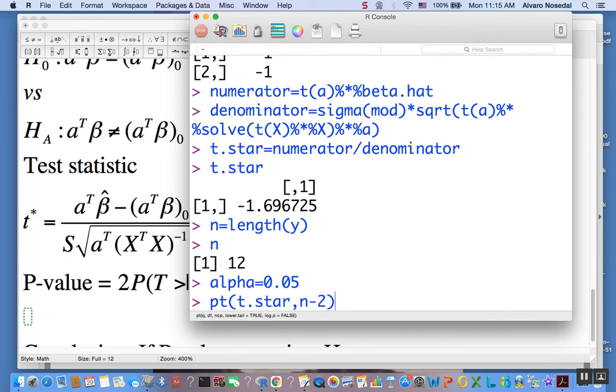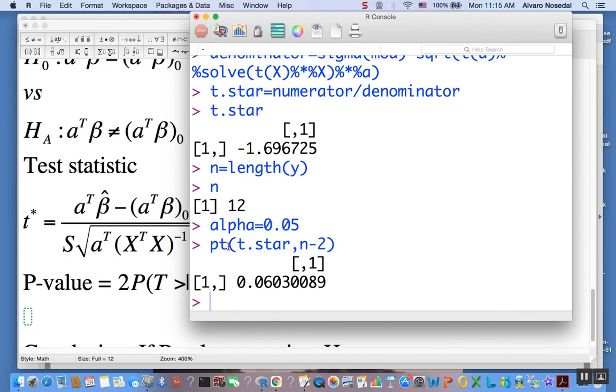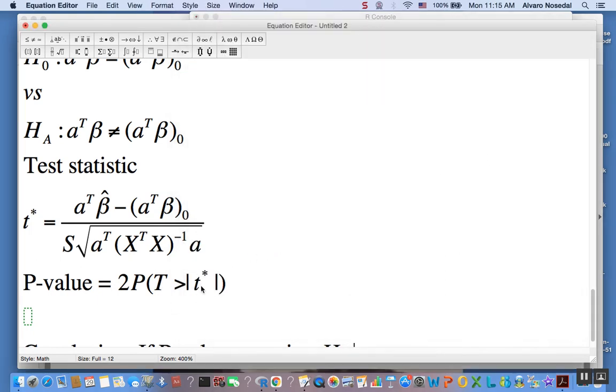That's good, because the area to the left of negative 1.69 is the same as the area to the right of 1.69, which would be the absolute value.